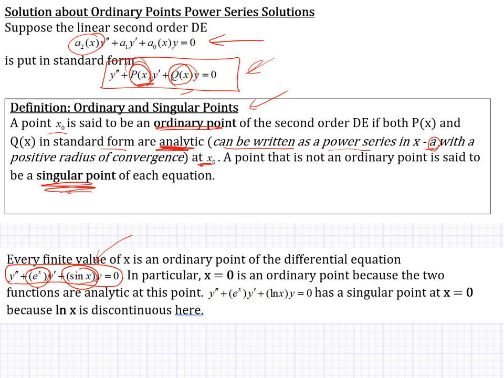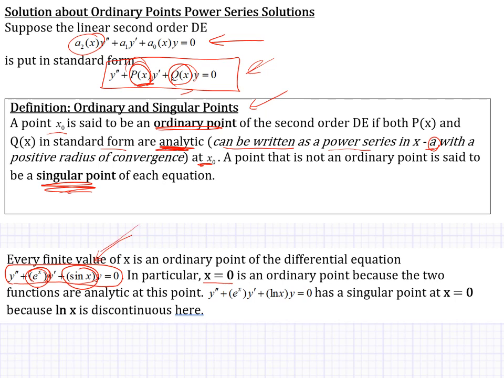Now you would need to know all that to be able to realize that these two functions are analytic when x equals 0. So therefore x equals 0 is an ordinary point for this differential equation.